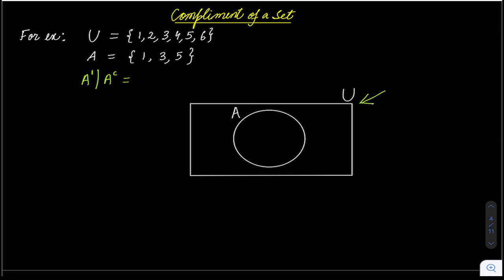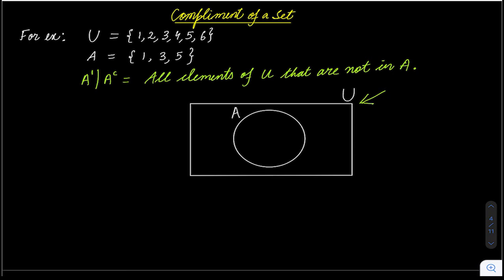So complement of a set A means a set that contains all elements of U that are not in A. That is what we define as complement of a set, or sometimes we call this not A. So all elements of U, that is universal set, except the elements that are already in A.